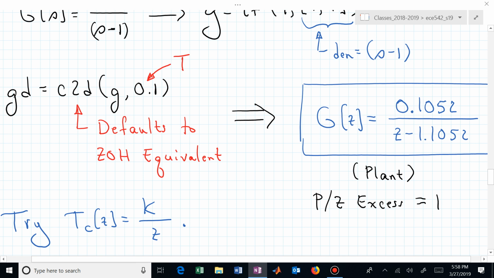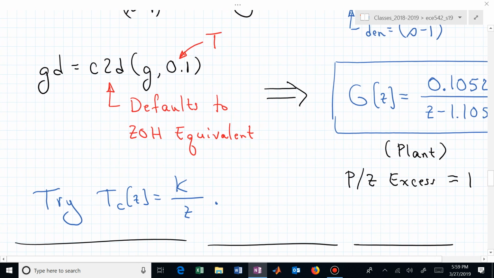But now you could put another numerator factor in there, and that might give you an additional parameter to play with. If you said, I want to preserve a pole zero excess of 1, and now my denominator is Z squared, I could now have in the numerator K times the quantity Z minus alpha. Now you have a K and an alpha to play with to maybe help you achieve behavior that you're more likely to agree with. That's problem 3.